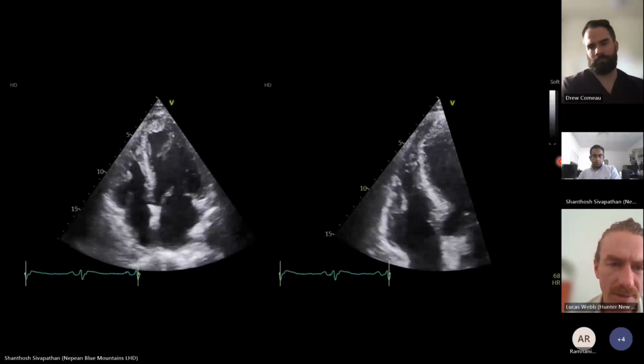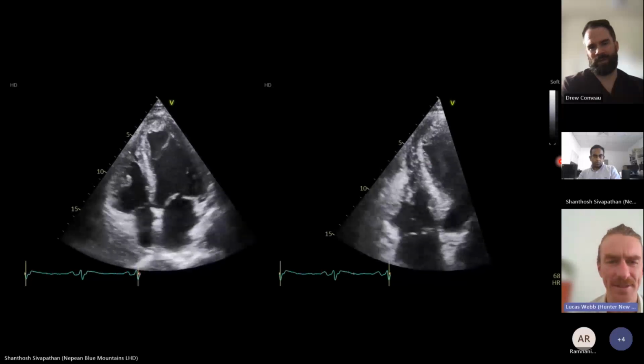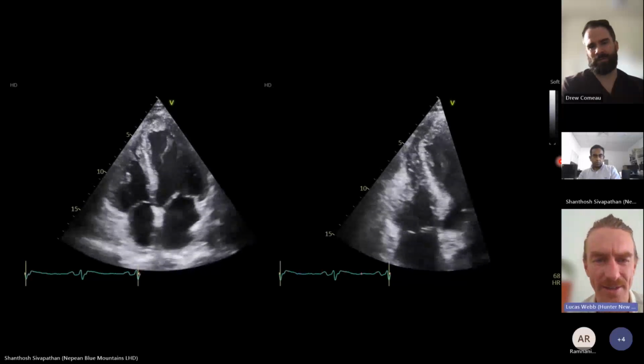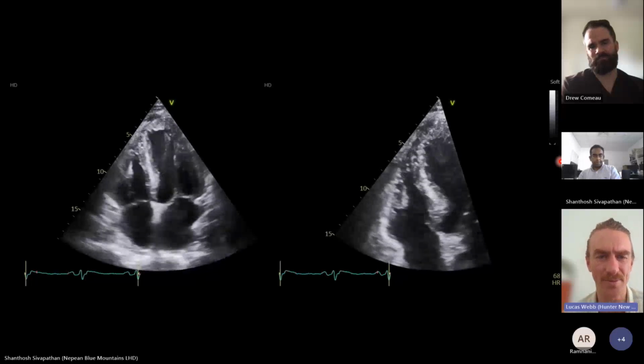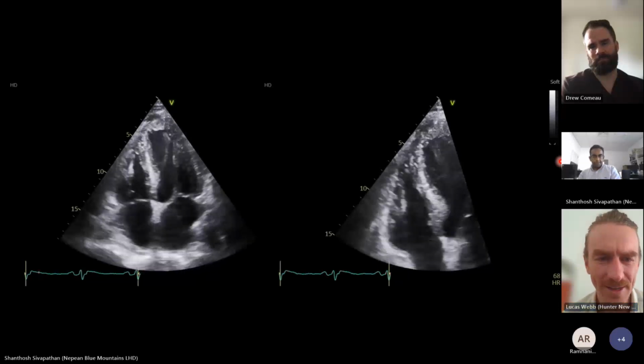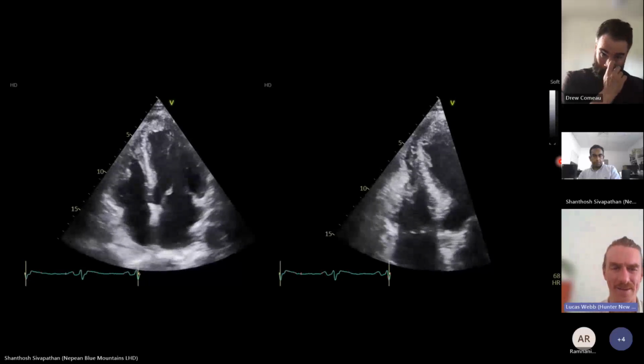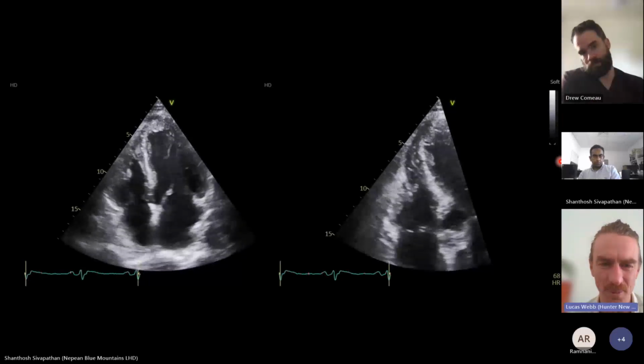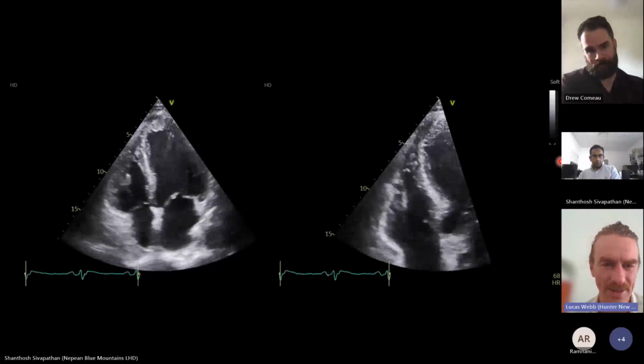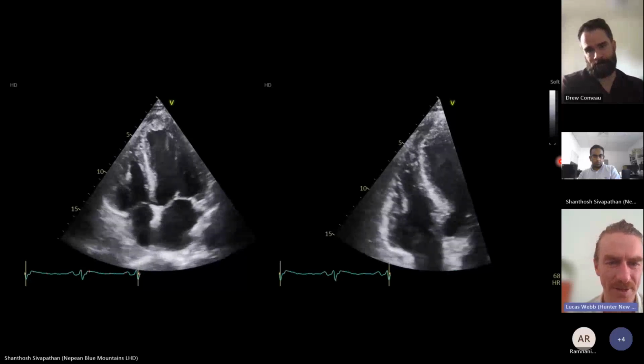In the apex of the left ventricle as well, I don't know if that's just spontaneous echo contrast due to the poor contraction there. I don't think it looks like a thrombus, but it's weird, and I'd want to interrogate that a bit further. And then just looking more broadly, the visual assessment of the right ventricle looks okay.